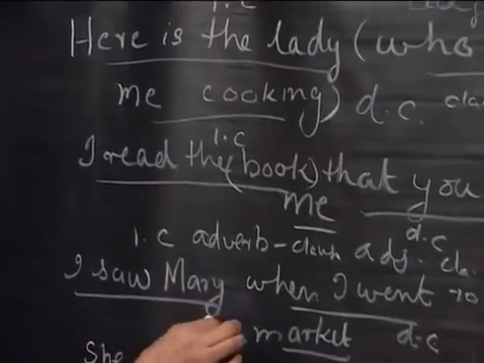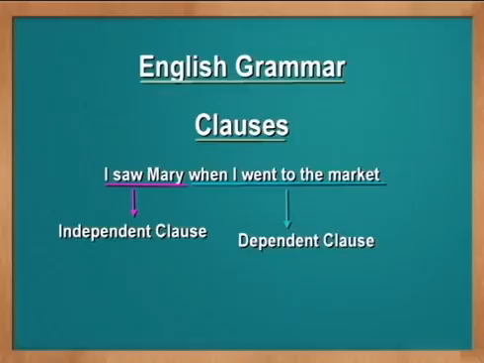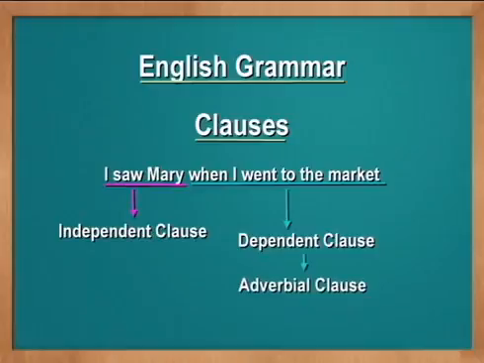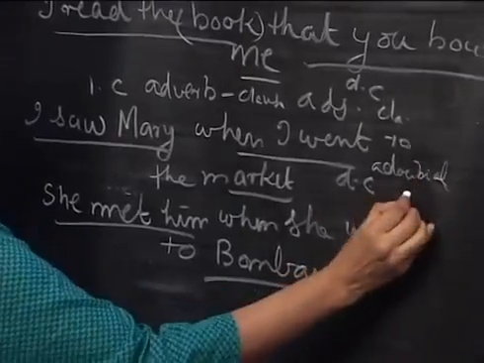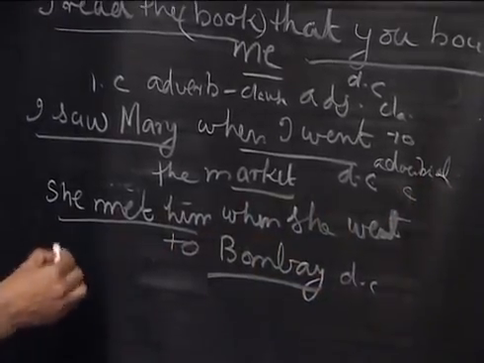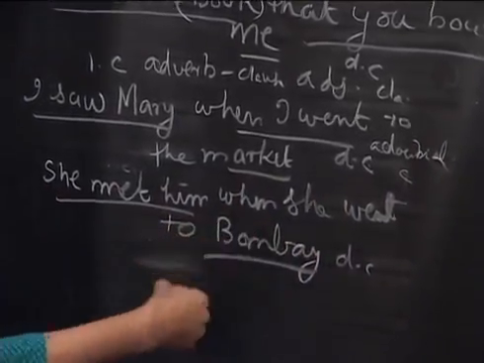I saw Mary when I went to the market. "I saw Mary" is the independent clause and "when I went to the market" is the dependent clause. And this dependent clause acts like an adverb. So, it is an adverbial clause. In the same way, she met him when she went to Bombay.